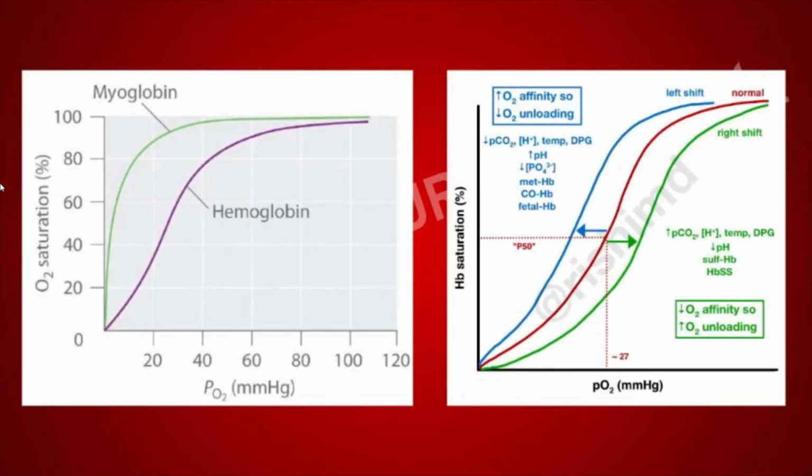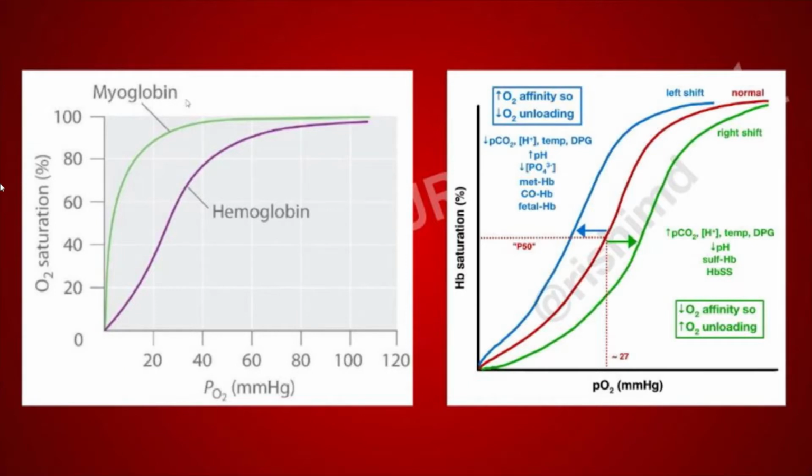Now this is the oxygen hemoglobin dissociation curve. This is the sigmoid shape curve over here. Now as you can see, this is the myoglobin curve, which is forming a rectangular hyperbola. So the myoglobin curve is to the left side of the oxygen hemoglobin dissociation curve and has the structure of a rectangular hyperbola, commonly asked in the exams.